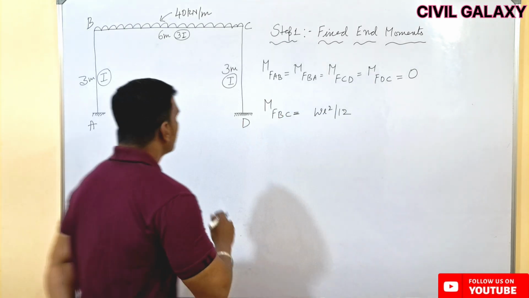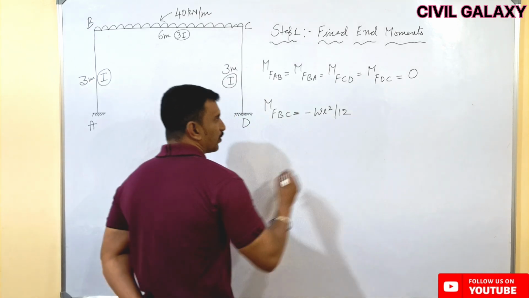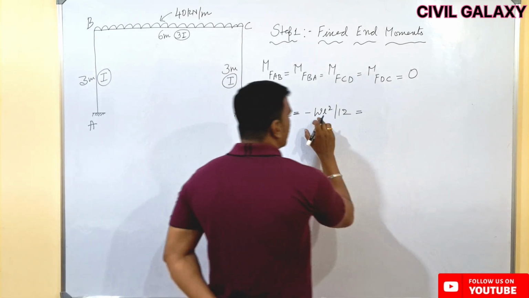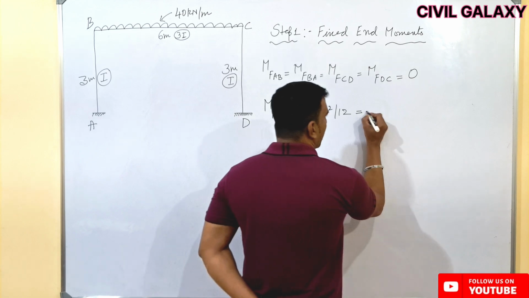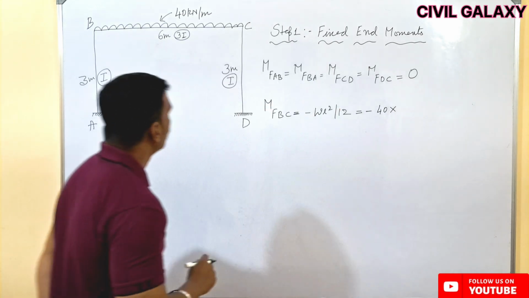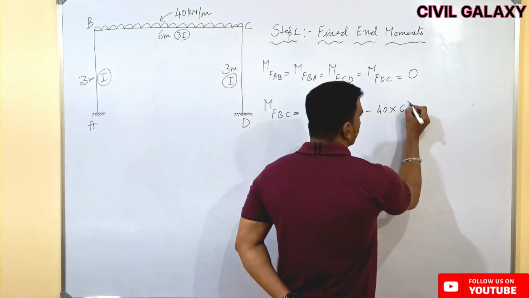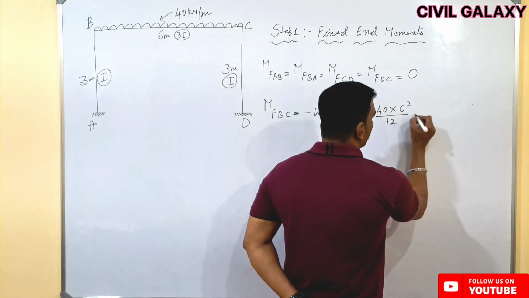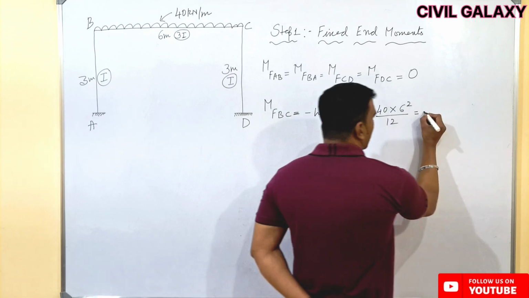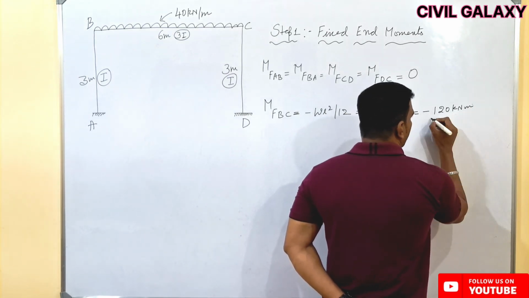Since we are coming from left to right, it is negative. So W is minus 40, and the total span is 6 meters, so minus 40 into 6 square upon 12, which is equal to minus 120 kilonewton meters.